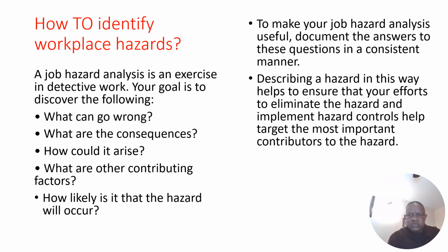To make your job hazard analysis useful, document the answers to these questions in a consistent manner. Describing a hazard in this way helps to ensure that your efforts to eliminate the hazard and implement hazard controls help target the most important contributors to the hazard.